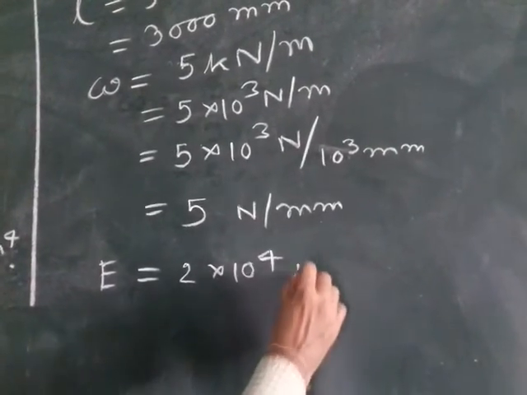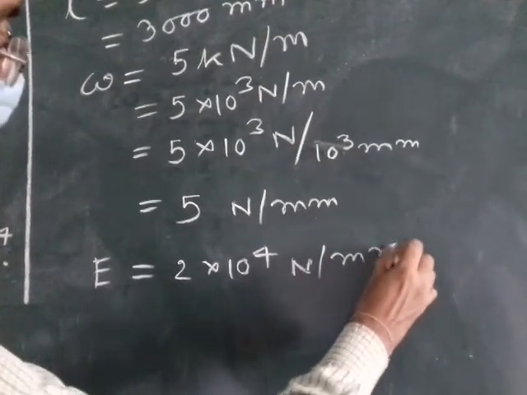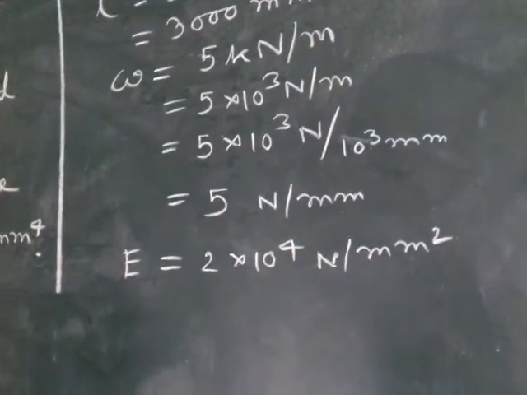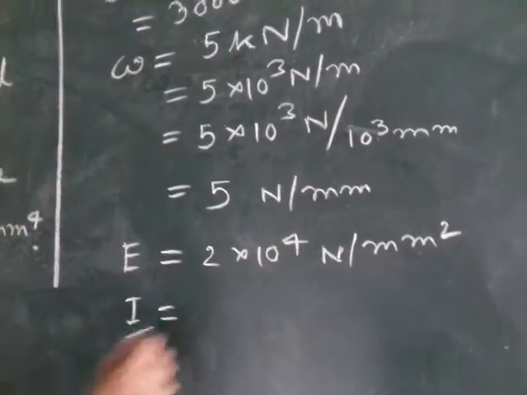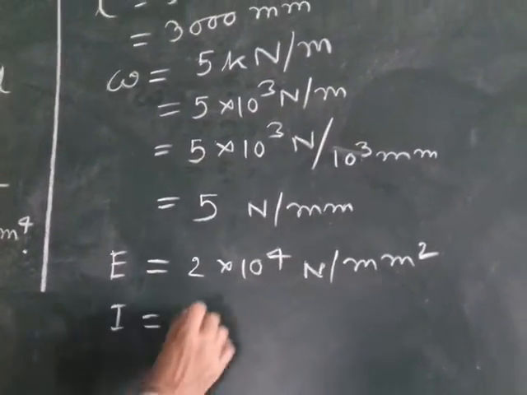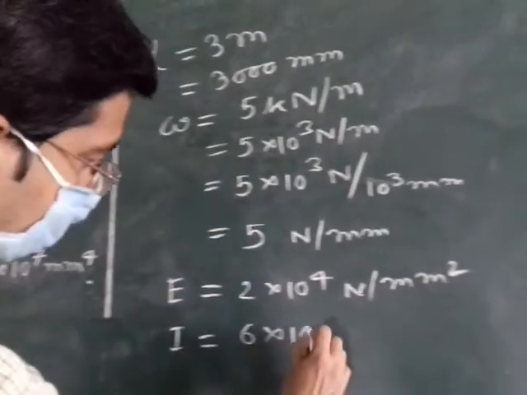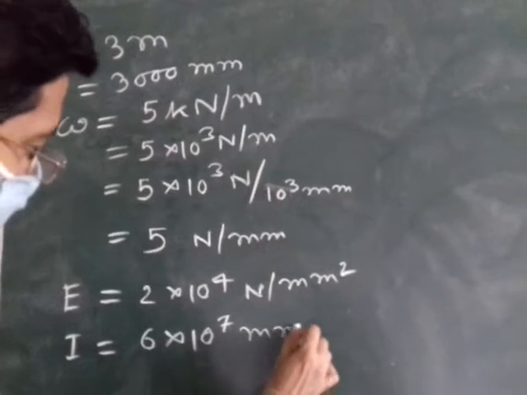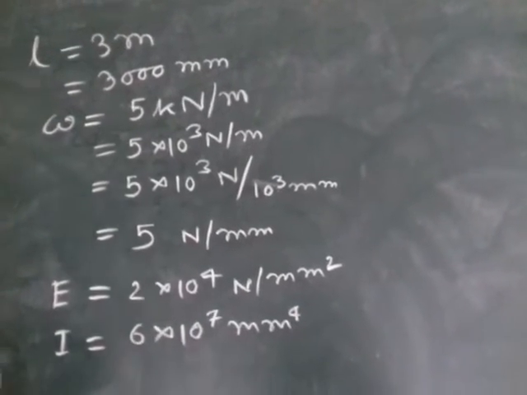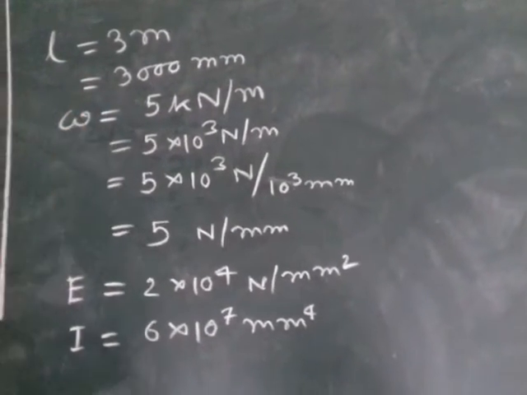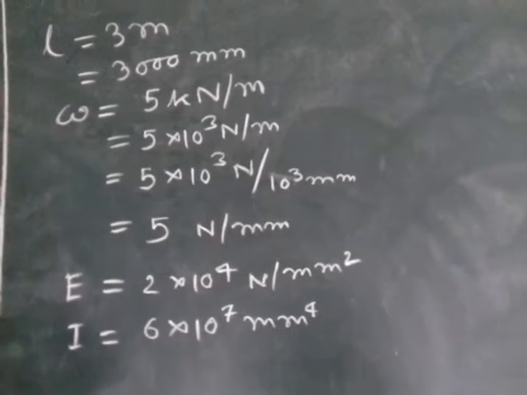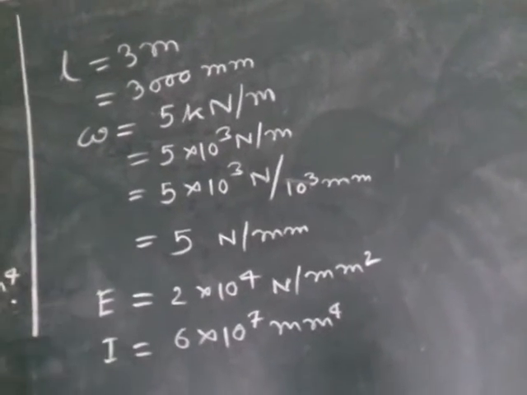Now E is given as 2 into 10 to the power 4 Newton per millimeter square, and I is given as 6 into 10 to the power 7 millimeter to the power 4. So this data we have to use. Now let us see.